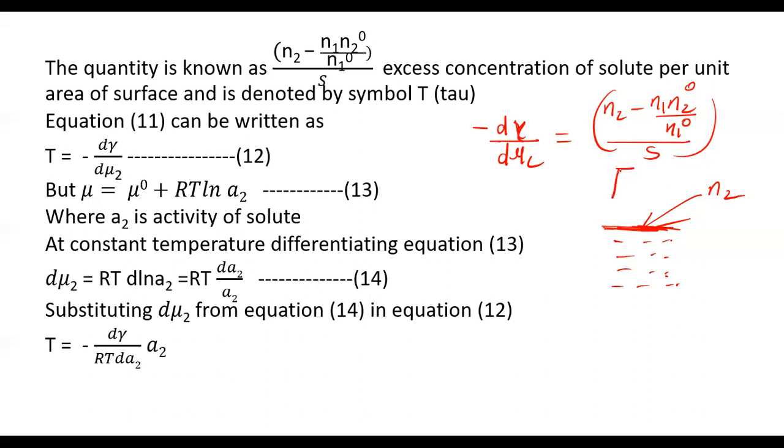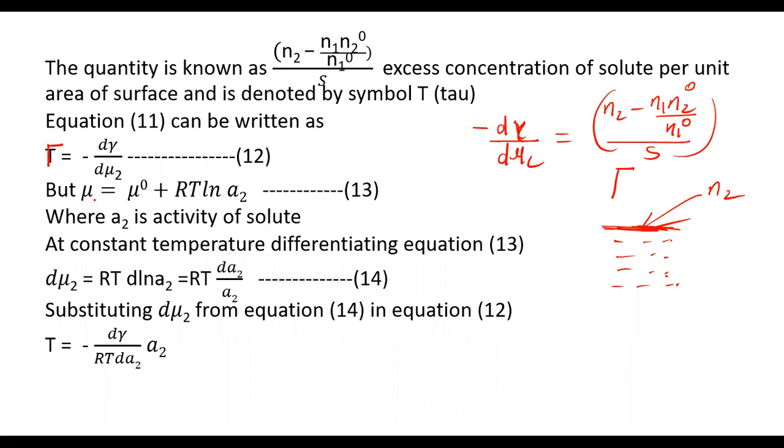So we can write tau equal to minus d gamma upon d mu. This is our equation 12. d gamma is the change in the surface tension with respect to the change in the chemical potential, d mu.